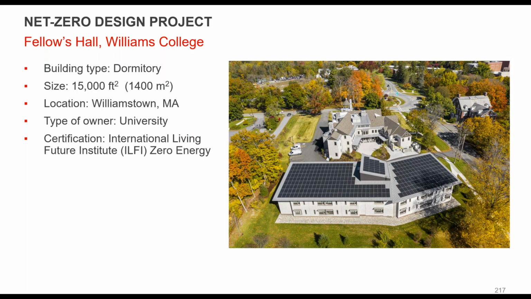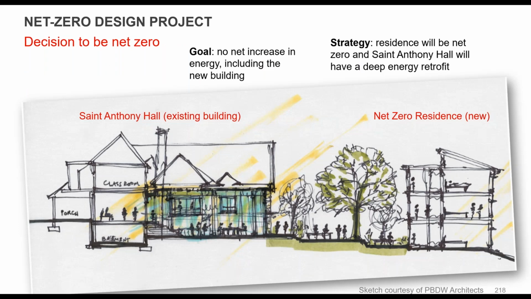So this is a very challenging project, but they had made a decision early in design, not just the design team but the owner, to go to zero. They didn't want to have any net increase in energy use on campus, including the new building. The strategy: the residence was going to be net zero, and they were going to have a deep energy retrofit on the existing building next door.